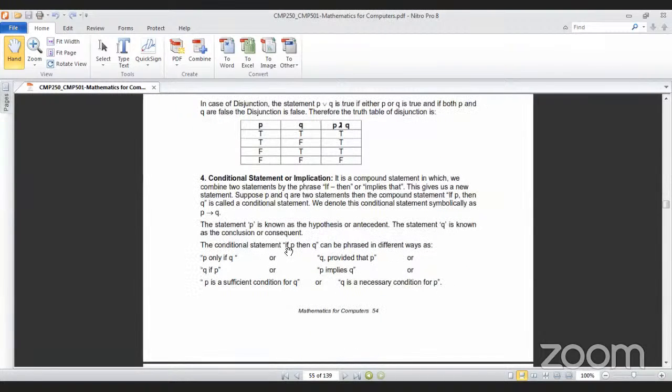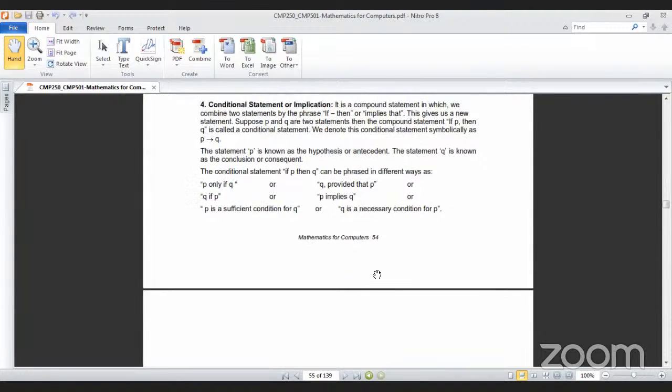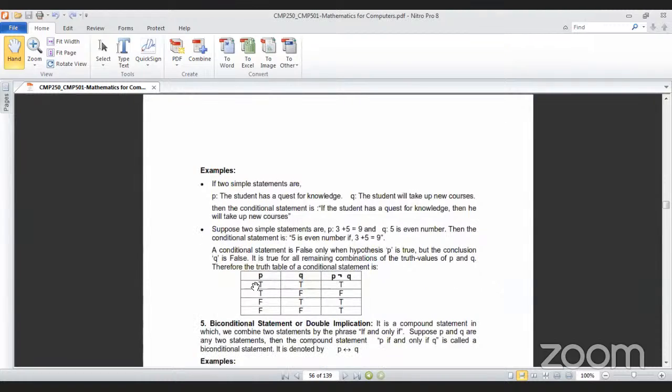Now see, in this, mostly this phrase is used, that is, if P, then Q. And after that, rarely this one is used. Keep this in mind. Now let's take the example for this.